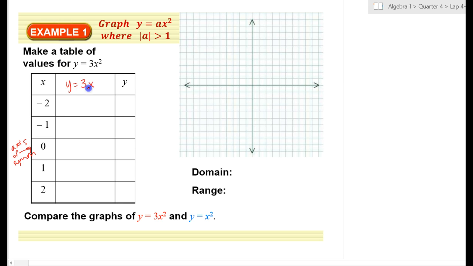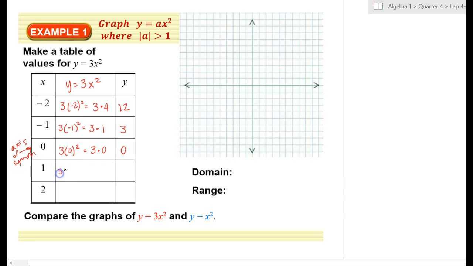So when y equals 3x squared, if I plug in negative 2, I have 3 times a negative 2 squared, which is just 3 times 4, 12. When I plug in negative 1, I get 3 times 1, which is 3. When I plug in 0, I get 3 times 0, which is just 0.